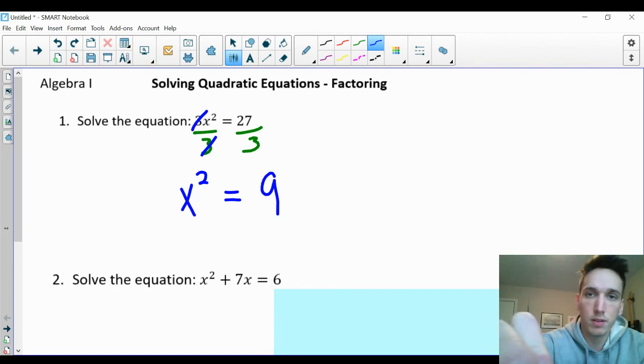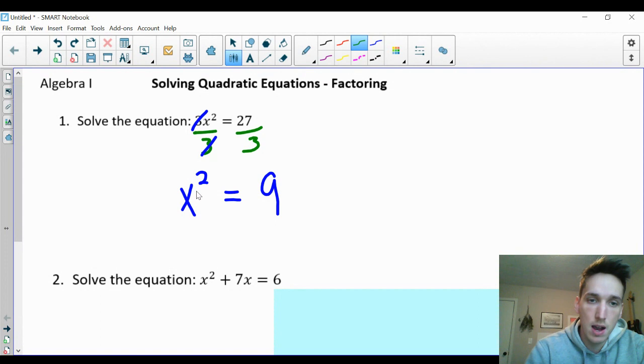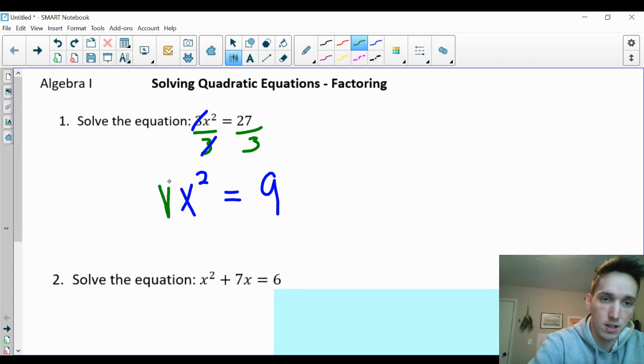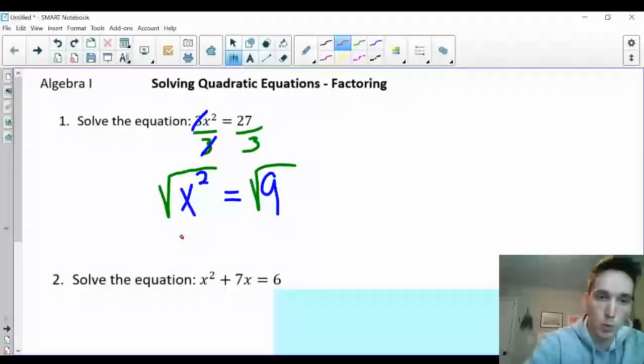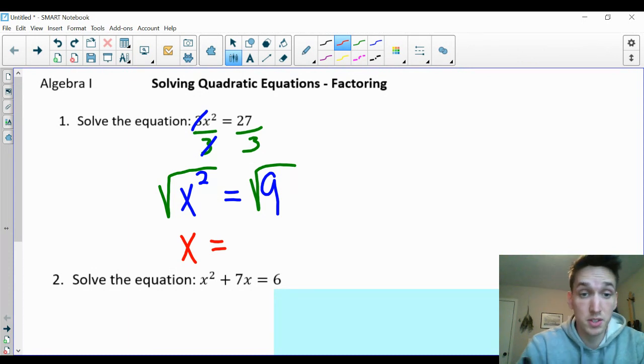And now, if you remember from yesterday, the only thing I've got to do to get x by itself, well, if x is being squared, the opposite of squaring is taking the square root. So if I do that to both sides, the square root of x squared is x, the square root of 9. And if you remember yesterday, this is a little different.